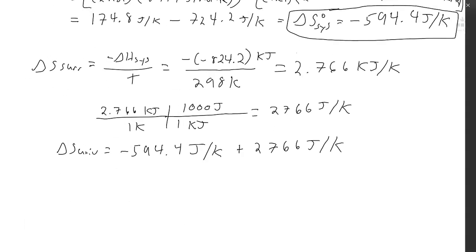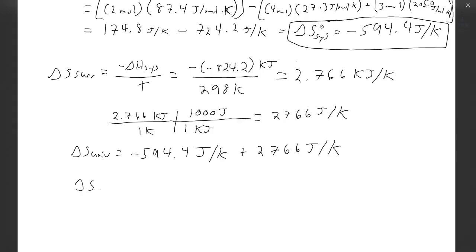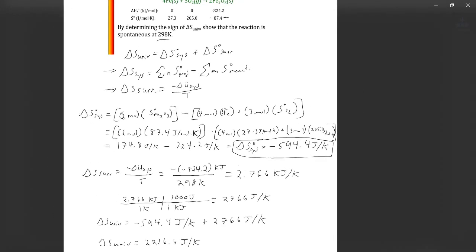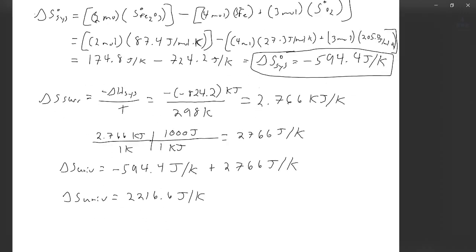So delta S of the universe will be equal to 2,216.6 joules per Kelvin. And using correct sig figs here, how many can we take? We can take 3. So we'll say this is about 2,220 joules per Kelvin. We're saying that this is about equal to, not necessarily equal to, so roughly equal to.